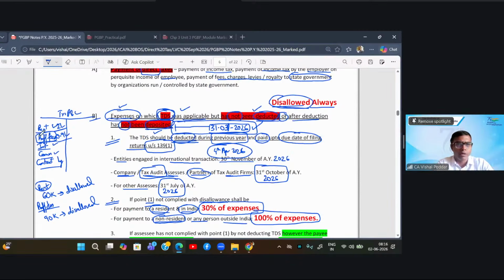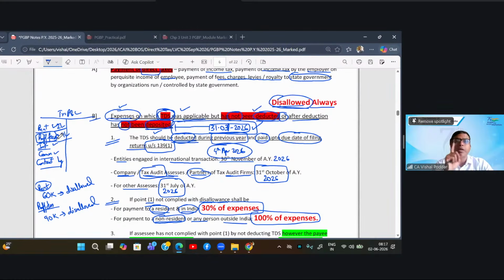See, rent, professional fees, interest, all these expenses, are they related to business? Yes. Are they revenue in nature? Yes. Current year, we are assuming they are current year, and none of them is an offence. So all these expenses are satisfying the four conditions. So you should get the deduction.